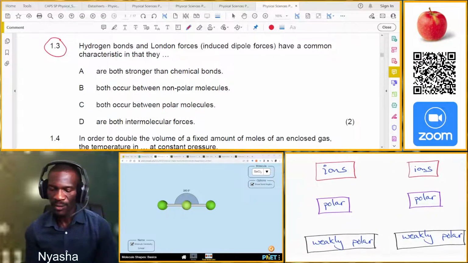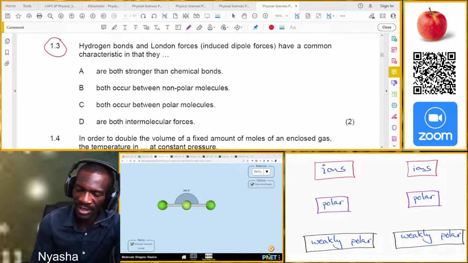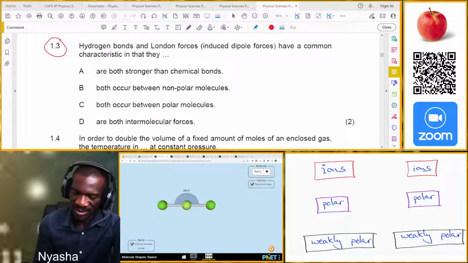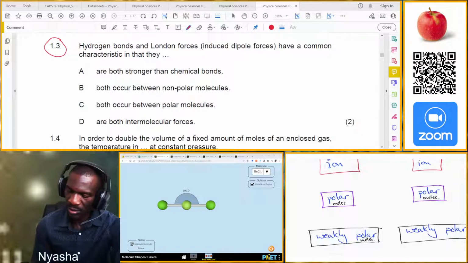Okay, so if there is a bond between an ion and an ion, so let me just say ion. This is a polar molecule. Another polar molecule. Weakly polar molecule.